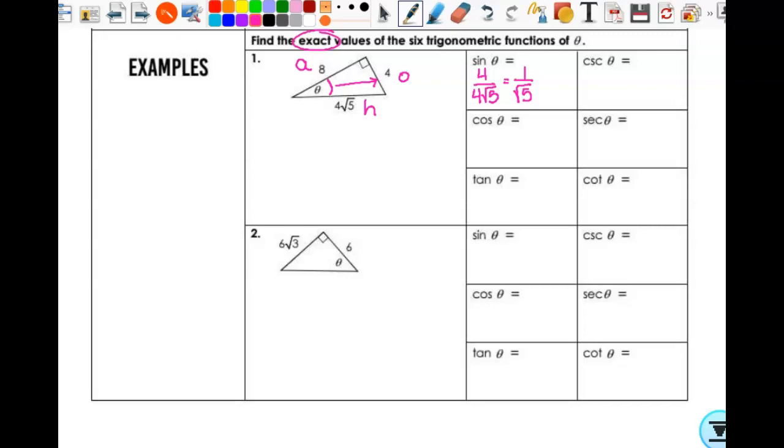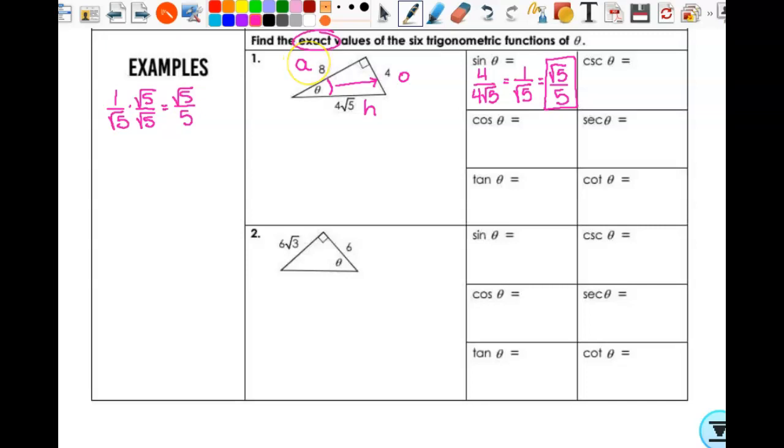So if I have 1 over the square root of 5, to rationalize it, I have to multiply it by the square root of 5 over the square root of 5. That becomes the square root of 5 over 5. Can I cancel those 5's out? No, because then what would I be left with? A square root sign and a fraction bar? It doesn't make any sense. So we're good? You've got to be able to rationalize and simplify your fractions.